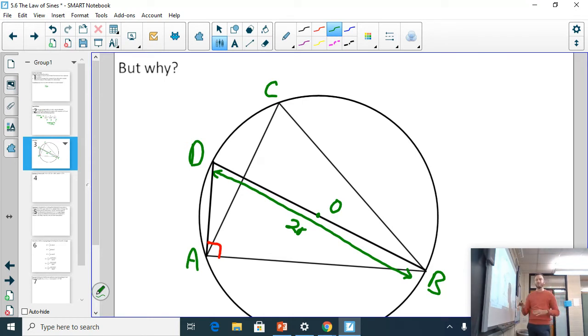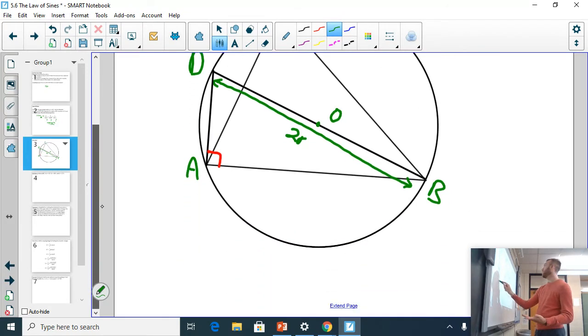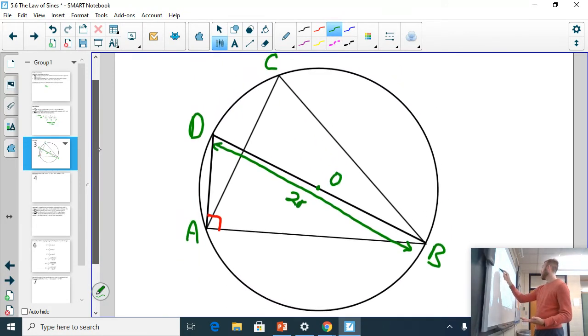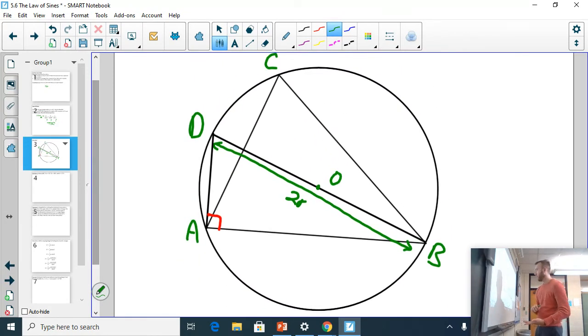And that's something that you might remember from geometry, right? If you have a triangle inscribed in a circle, with its hypotenuse being the diameter, then you get a right triangle. And so the right triangle is something that we can absolutely use sine, cosine, and tangent on, right?